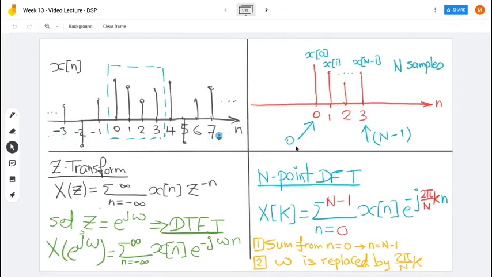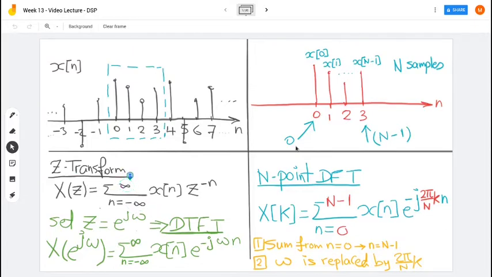And we have seen transforms like the Z transform, in which we compute X of z as a summation going from n equal to minus infinity up to positive infinity of x of n times z to the power minus n, which means that X of z contains information about x of n defined for all time, for n going from minus infinity up to positive infinity.